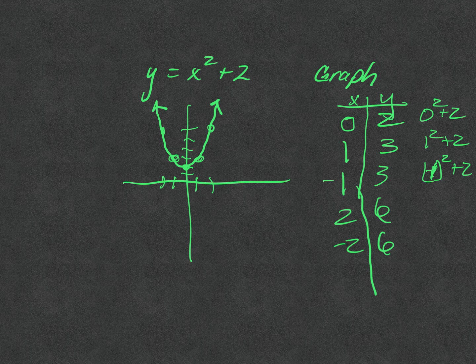And so you want to try and do this and find 5 to 7 points, or ordered pairs. And then graph. And you're really looking for both sides like this.